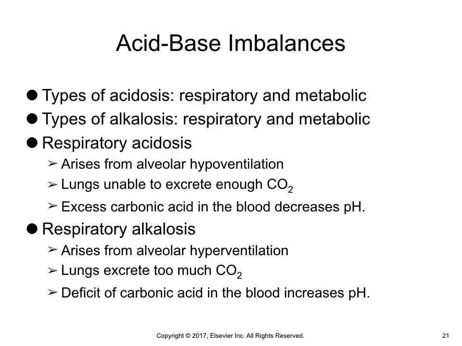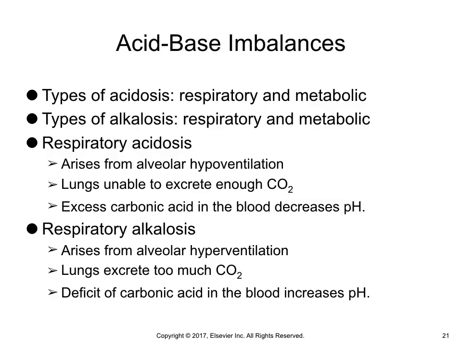The body has compensatory mechanisms that limit the extent of pH change with acid-base imbalances. Compensation involves physiological changes that help normalize the pH but do not correct the cause of the problem. If the problem is a respiratory acid-base imbalance, only the lungs can correct the problem, but the kidneys can compensate by changing the amount of metabolic acid in the blood.